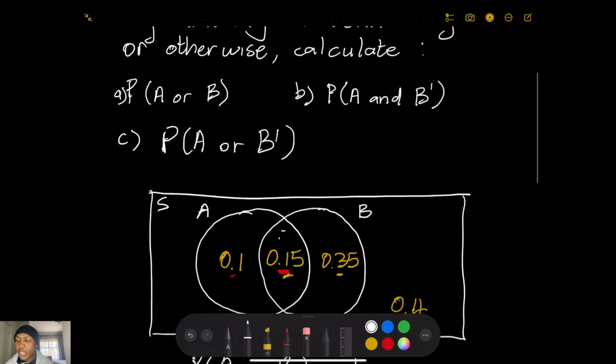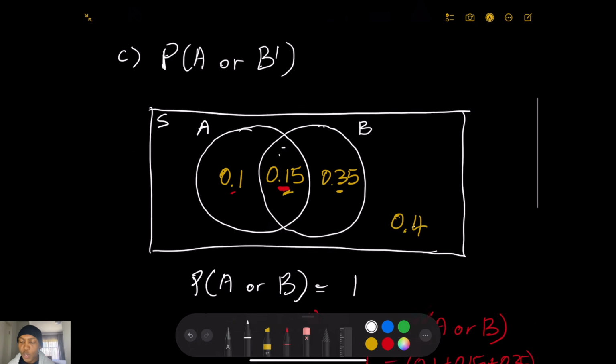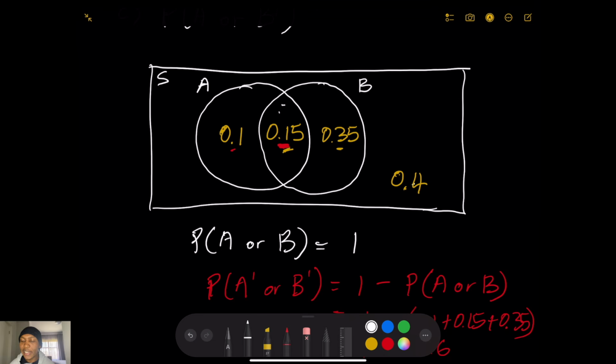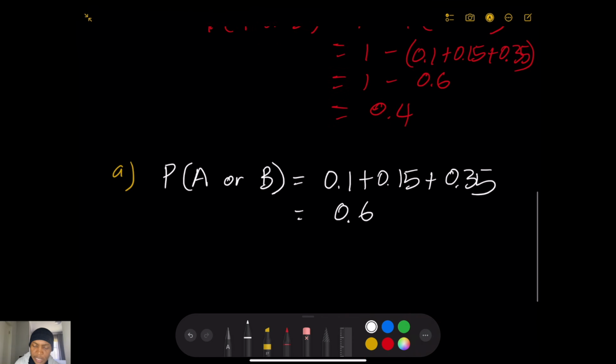Now, let's look at the second one. Now they say calculate the probability of A and not B. Okay, so we are looking at what is in A and not in B. So everything that's not B in this case, so we want what is exclusively in A and not in B. And I'm sure you can already see that.